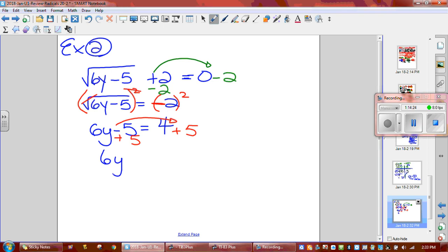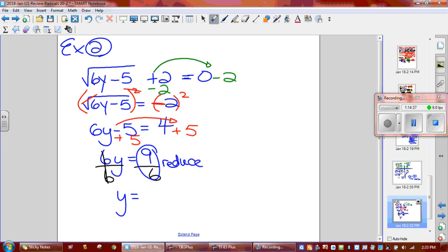So now we need to check our solution, and we need to do our restriction. So let's do our restriction. We take what's under our radical sign, remove it from the radical. So we've got 6y minus 5, and we start greater than or equal to 0. We're going to move our 5 over, so we're going to add 5 to both sides.